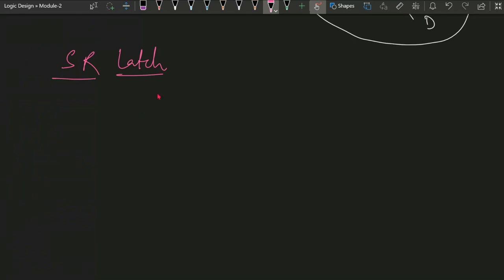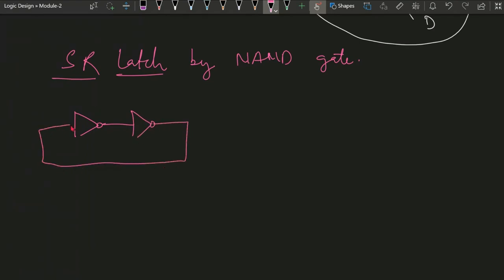So we will implement the SR latch using NAND gates. A latch is basically two inverters connected back to back in a feedback path. This is a latch, the concept of the basic latch.